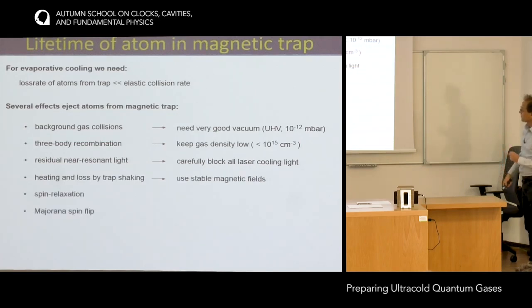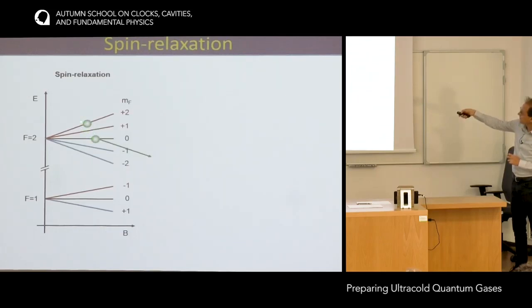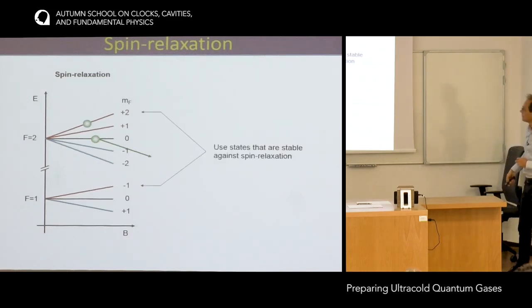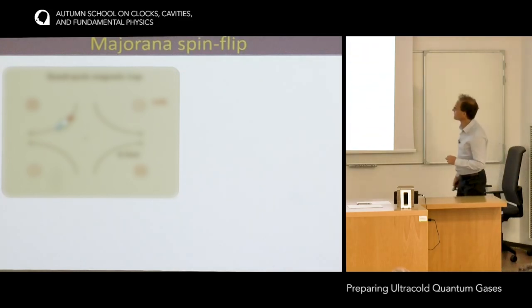Heating and loss by trap shaking: use stable magnetic fields. Spin relaxation and Majorana flips. So say if you had two atoms in this spin state, they could collide. Angular momentum would allow you for one atom to go here and another here, and this atom is then not trapped anymore. So we need to use these stretched states here. They are stable against spin relaxation.